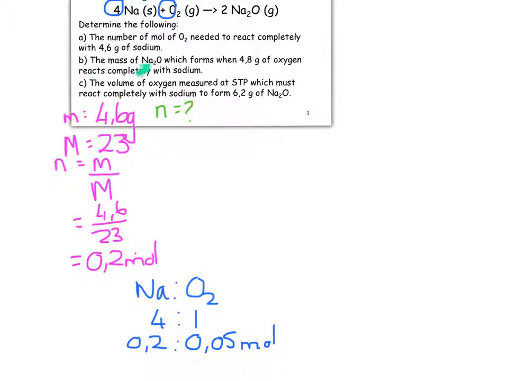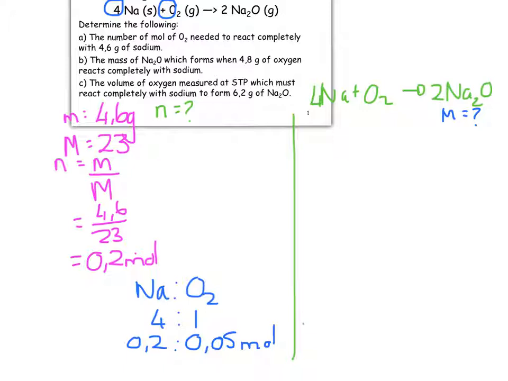What is the mass of sodium oxide that is going to form when 4,8 grams of oxygen reacts completely with sodium? So I'm just going to rule a bit of a line over here, and we're going to work underneath a sort of balanced equation. So this time I'm asked the question, what mass of sodium oxide will I get or forms when a mass of 4,8 grams of oxygen reacts?